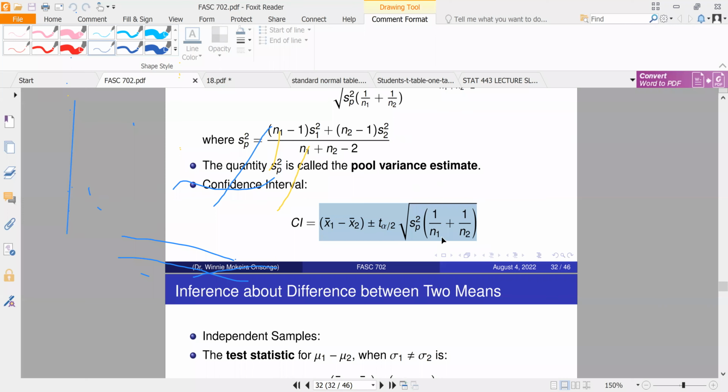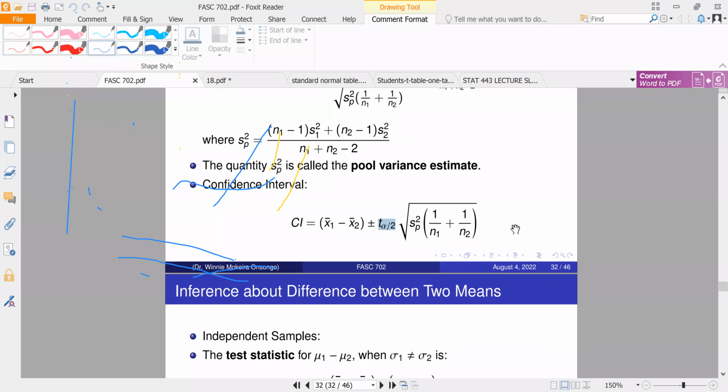Now, of course, if n1 plus n2 exceeds 30, you use the normal distribution. You use Z values. But if n1 plus n2 is less than 30, then you use the student T distribution. Now, that is the difference.